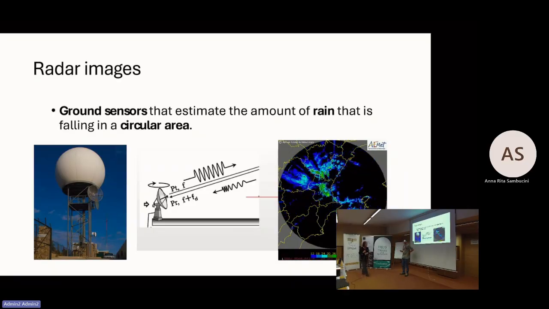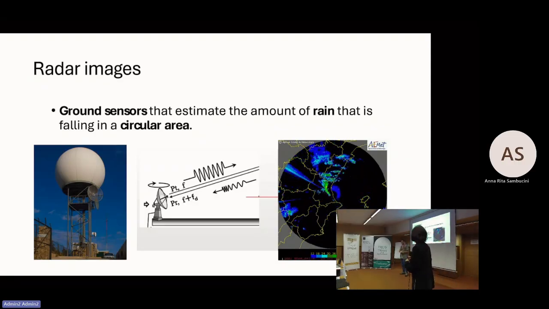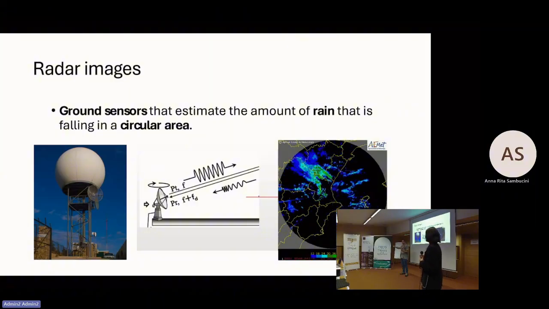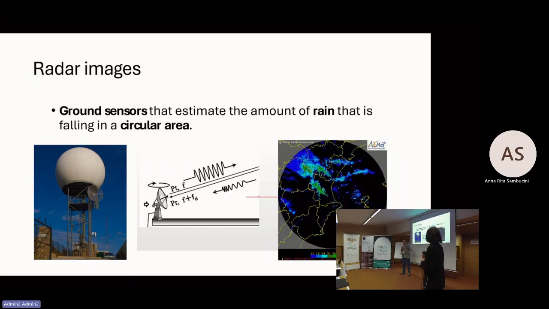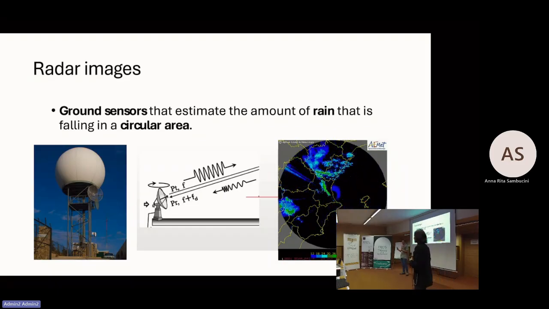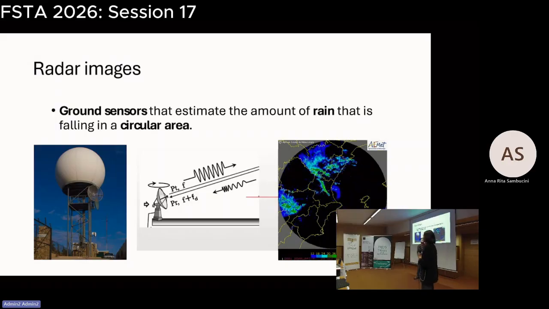Also in Spain, where we now have antiquated radar technology, they are now introducing a new type of radar that is called a dual polarization radar, which in theory works much better. I don't know if it will solve this problem. And another thing we can try is that we have a network of radars in all of Spain.